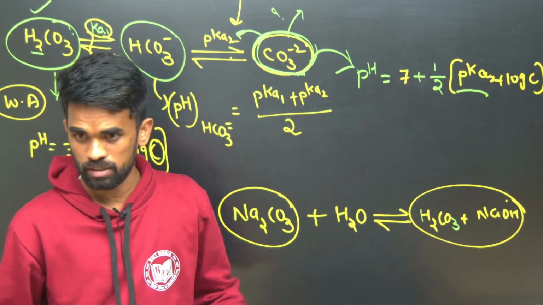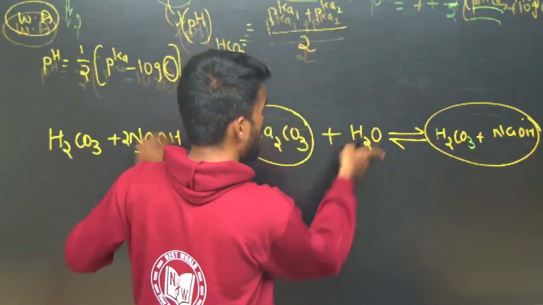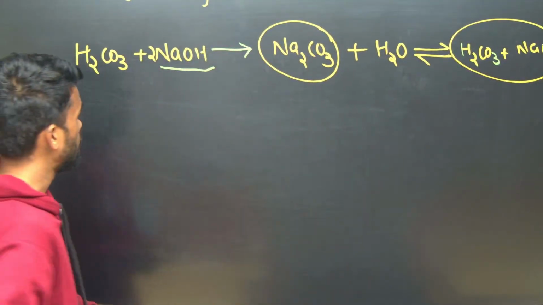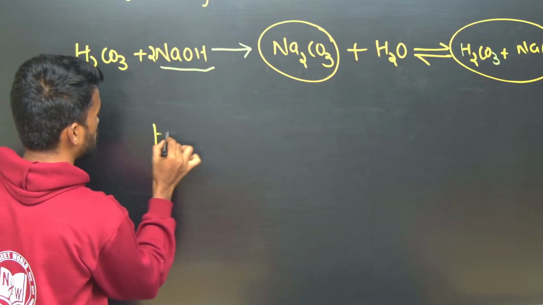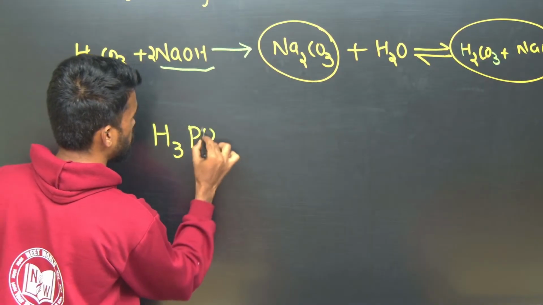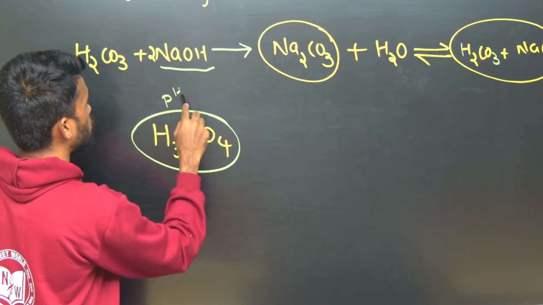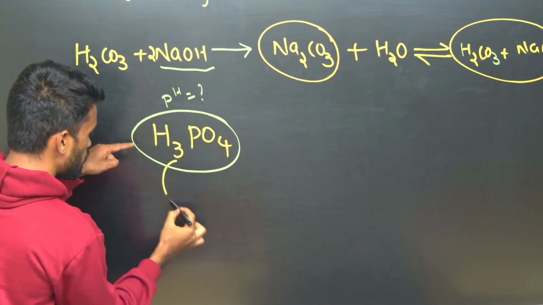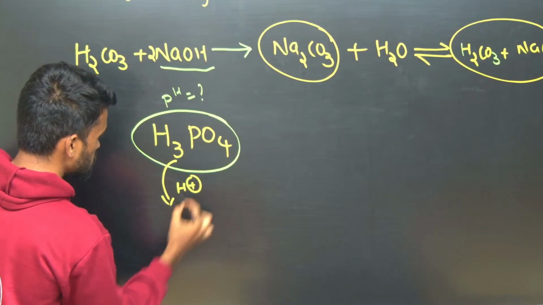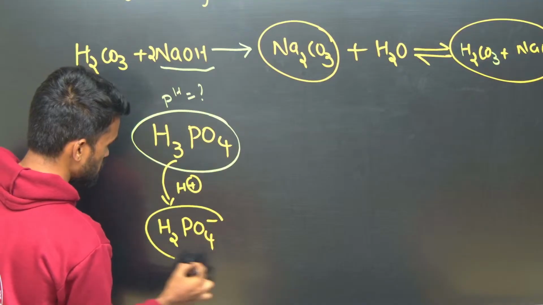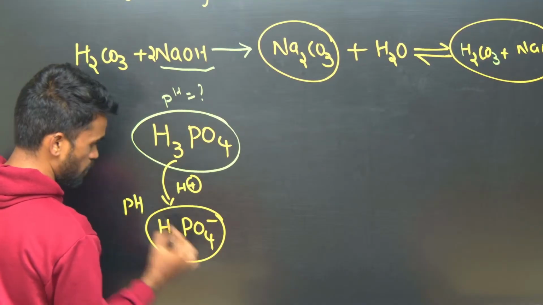That is also clear. Now I am giving one polyprotic acid. You just tell me what are the different pH formulas I can use. H3PO4 I am giving you. So how can you find the pH of H3PO4? Now if I remove one proton from here, it becomes H2PO4 minus. What is the pH formula you will use for this component?